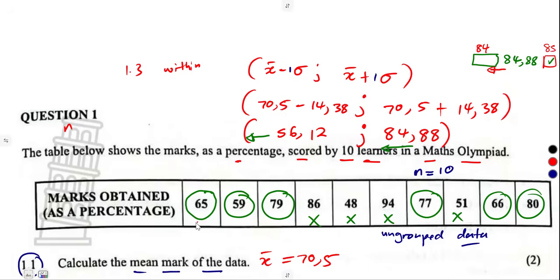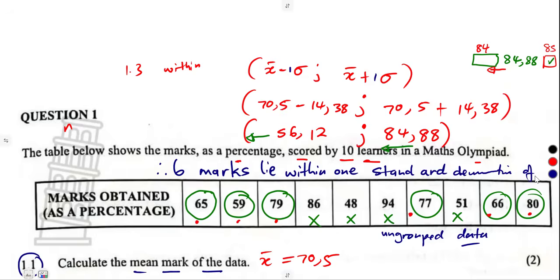How many are they? That is 1, 2, 3, 4, 5, 6. We have got 6 of these marks which are within. So I say therefore 6 marks lie within one standard deviation of the mean.